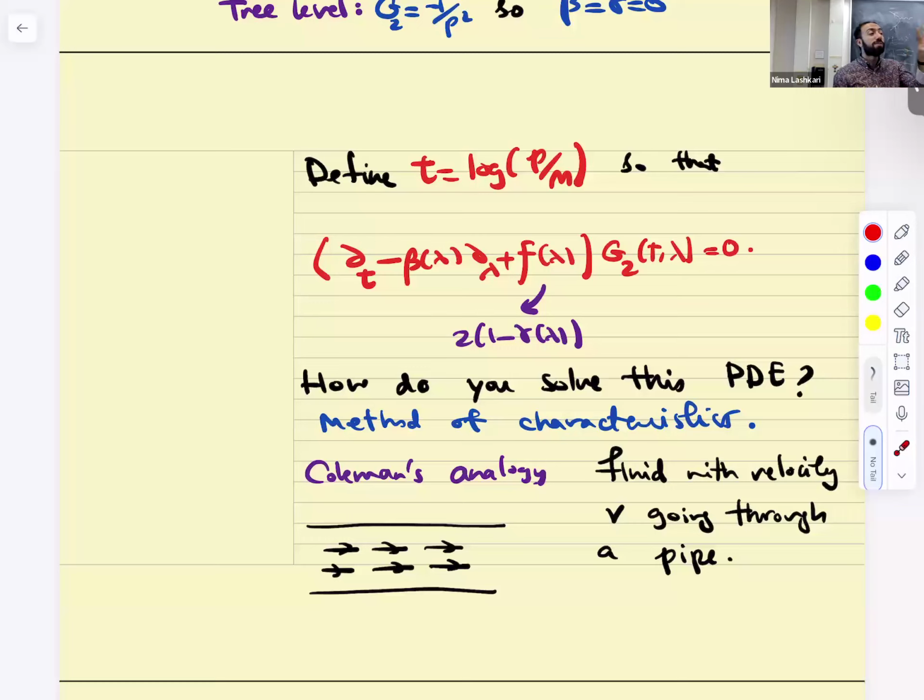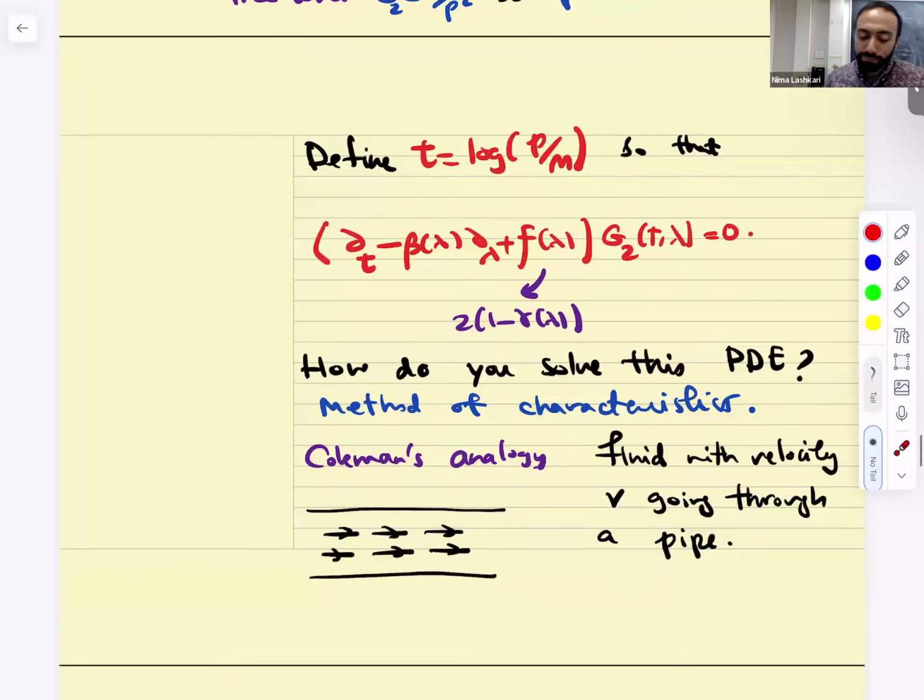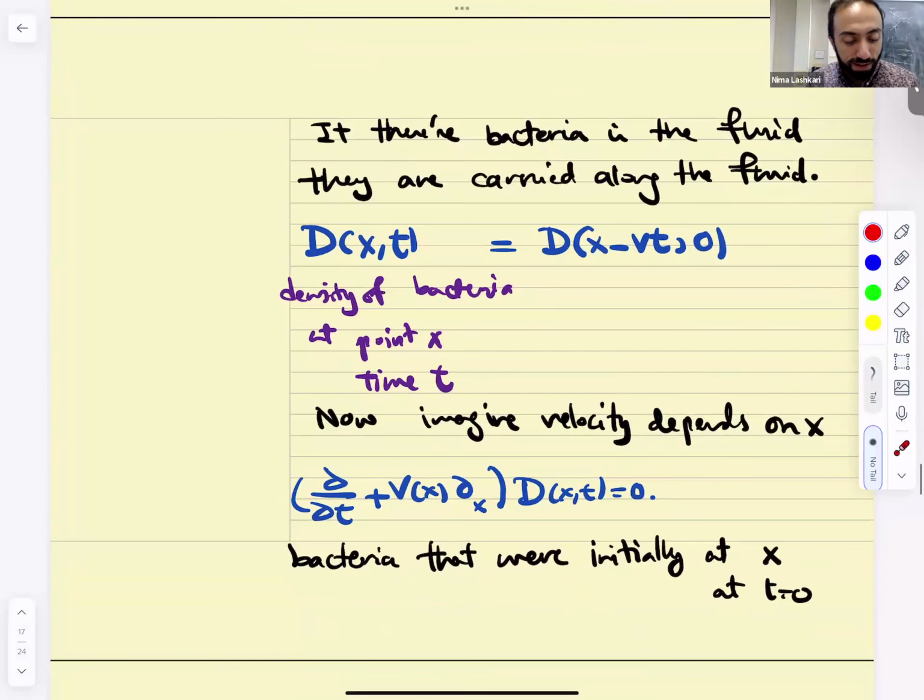There are two things we're going to do. First, we're going to make the velocity position dependent, to make it a little bit non-trivial. Second, we're going to allow the bacteria to split, so as time goes by the population is going to grow. Let's go slowly through this.